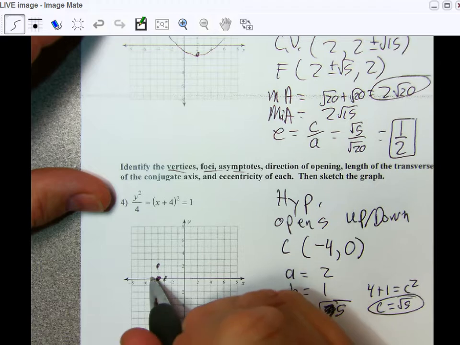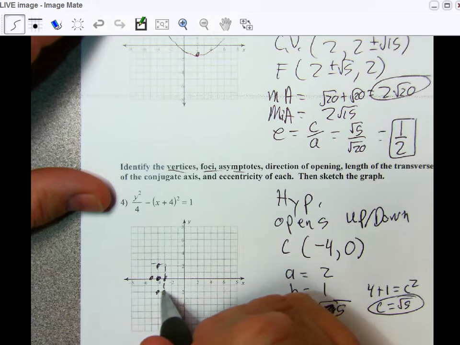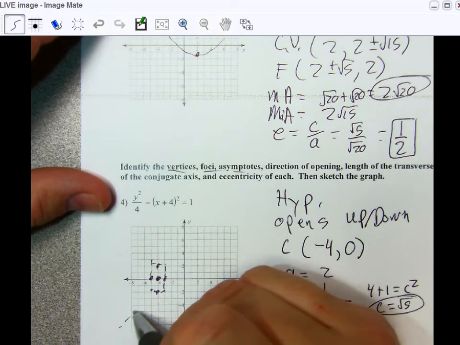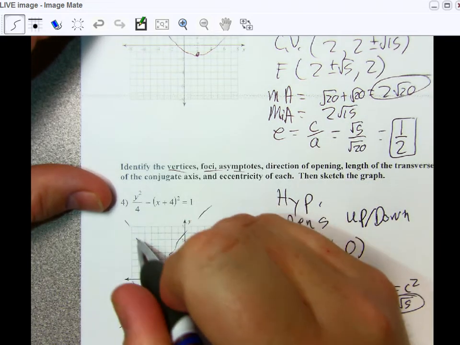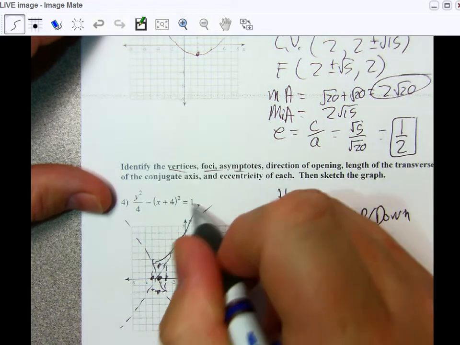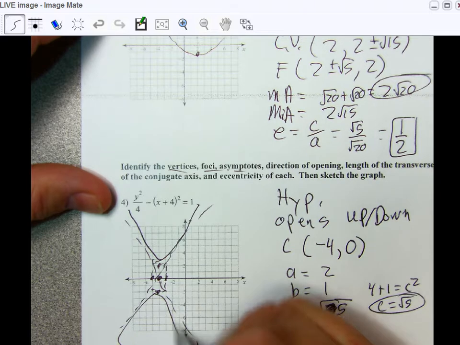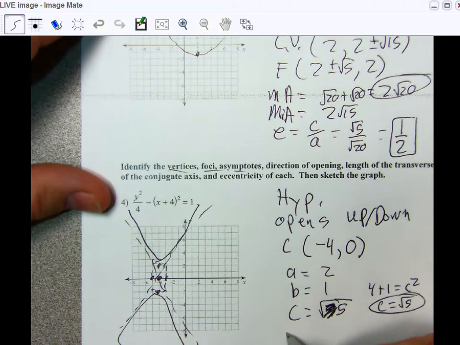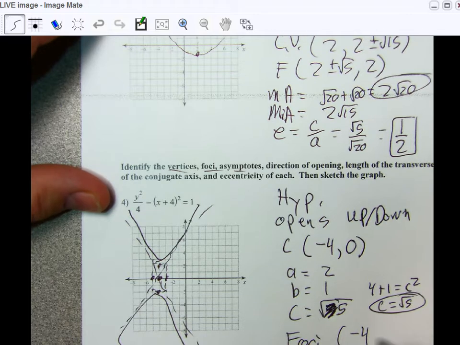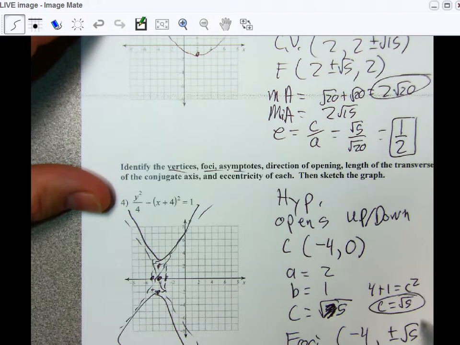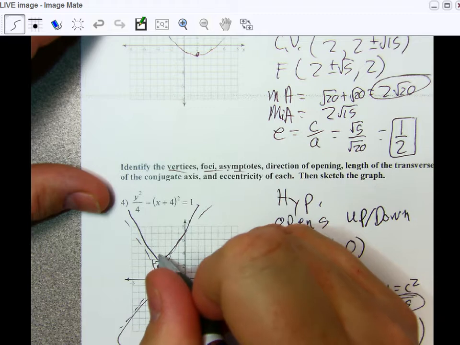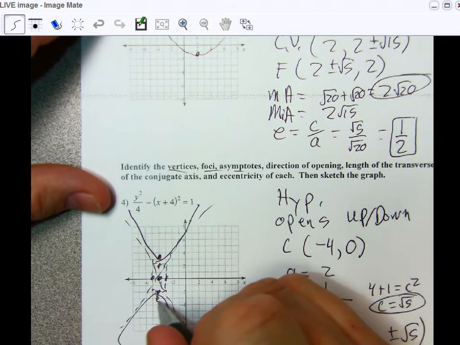I go left and right 1. I make a box. I make some asymptotes. I open it up and down. And I'm going to have some foci, it's going to be -4, plus or minus root 5. So that's going to be 2 and a little bit.